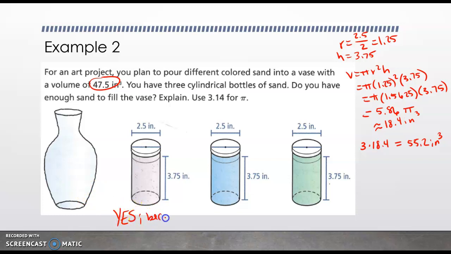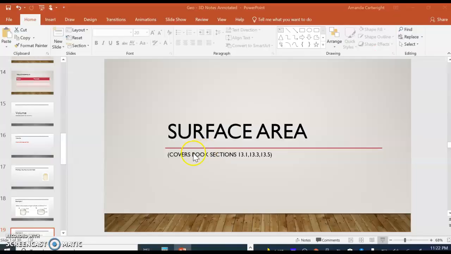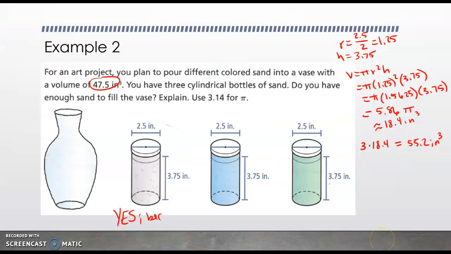And it is because we have 55.2 cubic inches, which is greater than 47.5 inches cubed. I missed words as we have that much, which is greater than the 47.5 that was needed.